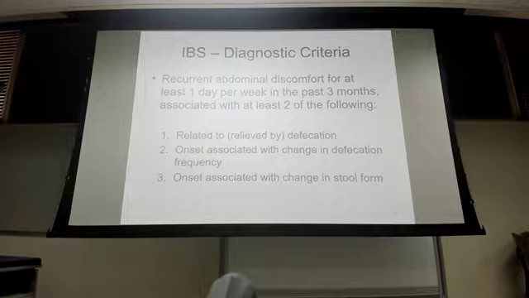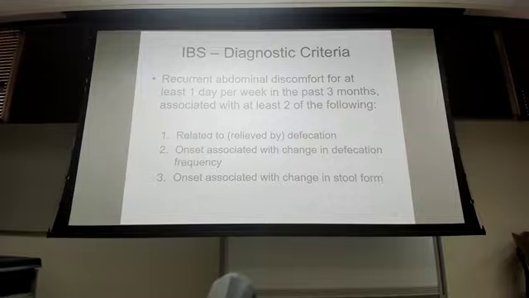So 1 day a week in the past 3 months, you have had recurring abdominal discomfort related to, i.e. relieved by defecation, or the onset of this recurring abdominal discomfort is associated with how often you're going, and or this recurrent abdominal discomfort you've been having 1 day per week for the past 3 months.